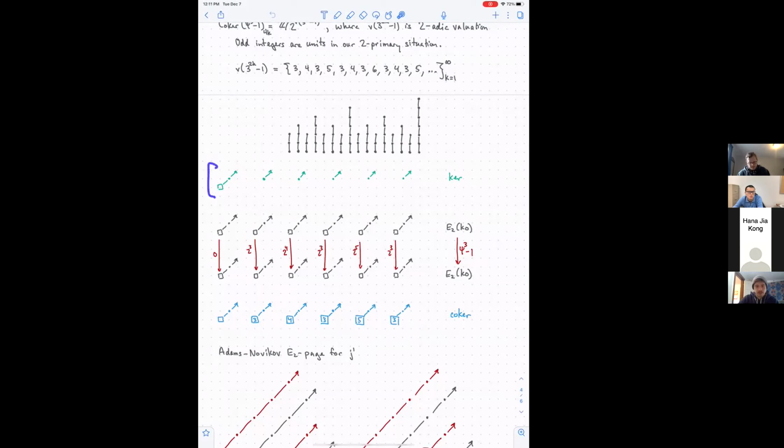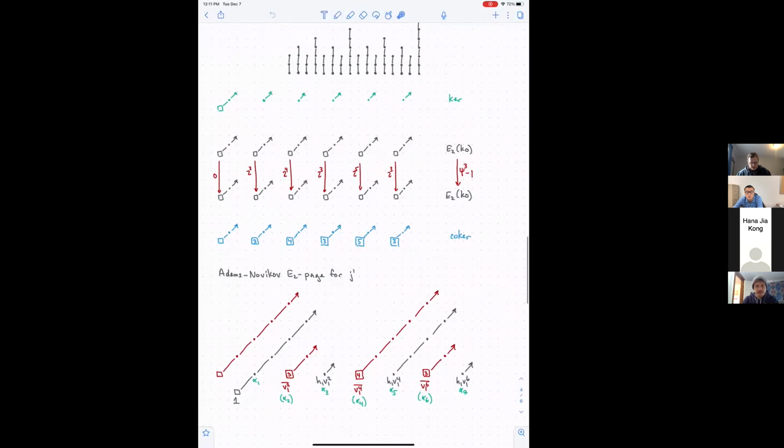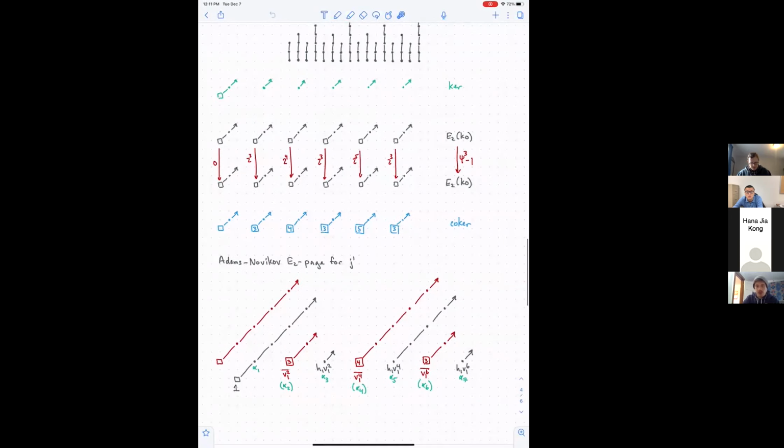Now what we have to do is take this kernel and this co-kernel and assemble them together to get E2 of J prime. Remember, here is this short exact sequence. A co-kernel and a kernel assemble into an E2 of J prime. And here at the bottom of the screen, you can see the result of that.